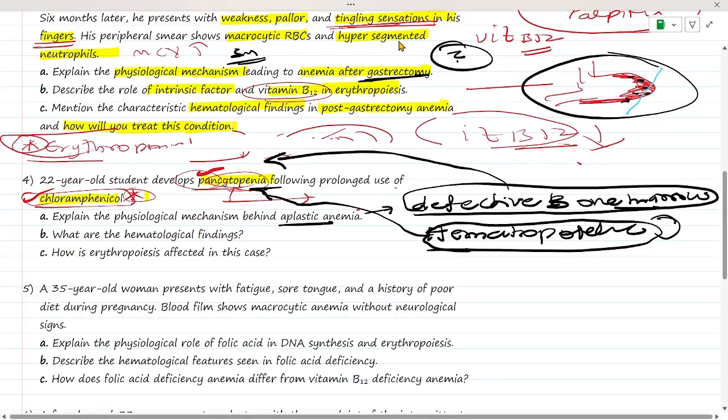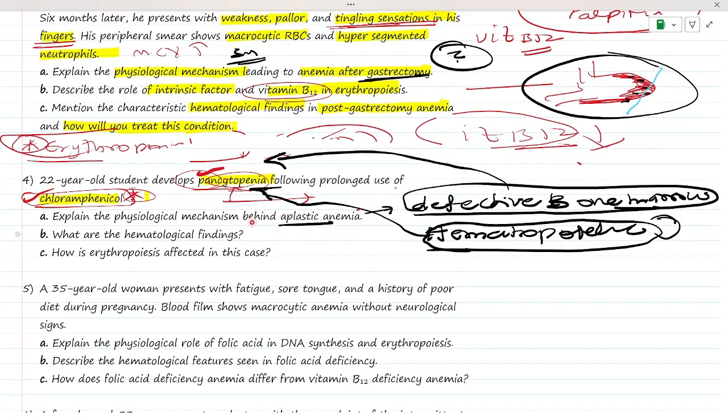So this is the physiological mechanism. It is nothing but the pancytopenia, which is caused due to defective bone marrow. Defective bone marrow is caused due to prolonged use of chloramphenicol. So chloramphenicol causes defective bone marrow. Defective bone marrow causes pancytopenia, leading to aplastic anemia.